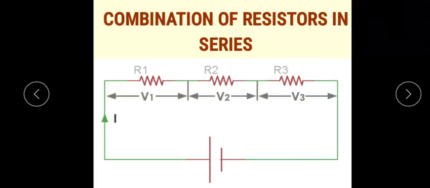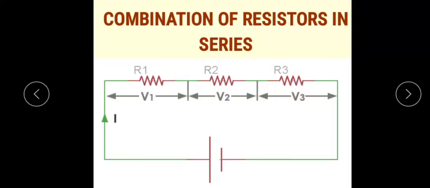First, the same current flows through each of the resistors. Second, the total potential difference across the combination is equal to the sum of the potential differences across each resistor. That is the second thing we need to keep in mind.